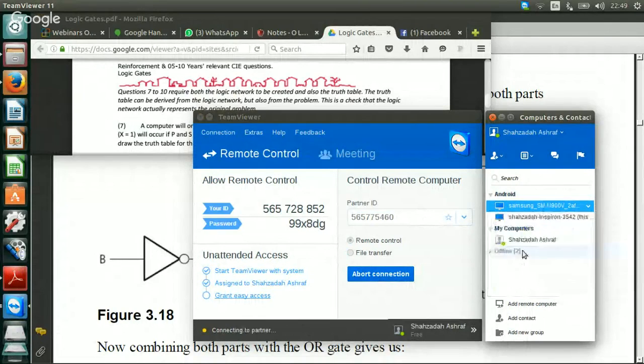Something is really take some time. Authenticating.